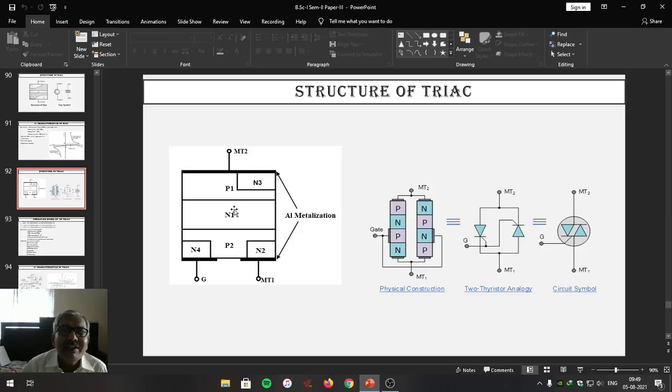Within these main layers, especially in the P1 region, an N type of semiconductor is diffused and it is named as N3. And an ohmic contact is taken commonly for the P region as well as the N3 region, that is known as main terminal 2.